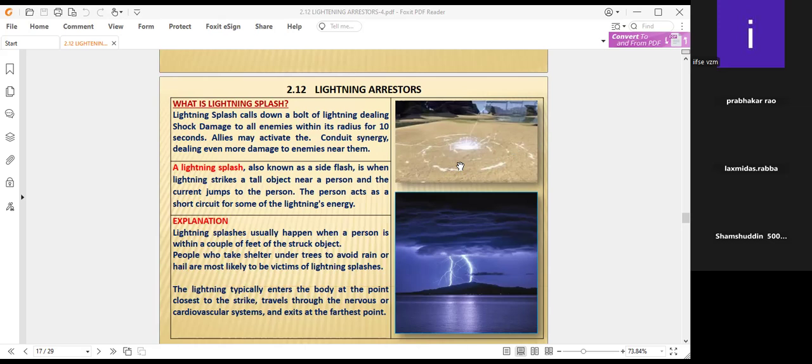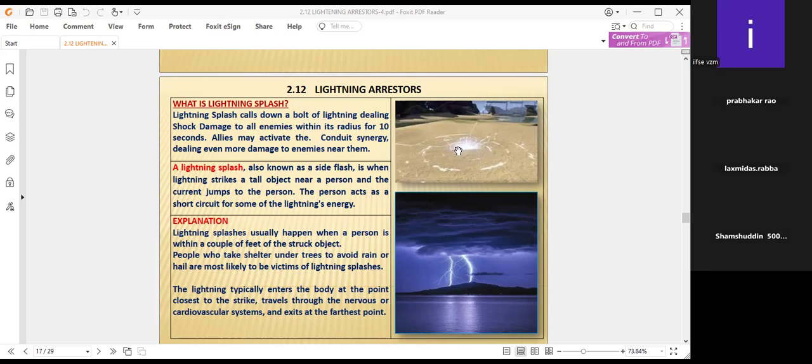That means in the forest areas and other remote areas where the lightning falls, the top of the trees will be affected first, before the grounded objects. That is the intention: how much radius is covered when it flashes on the ground. That is very important.